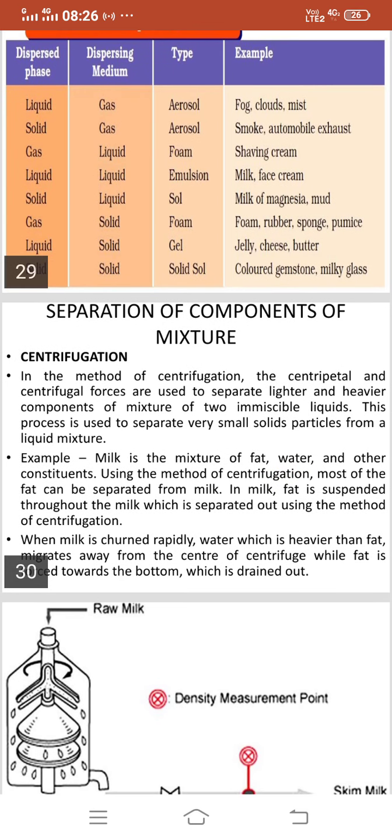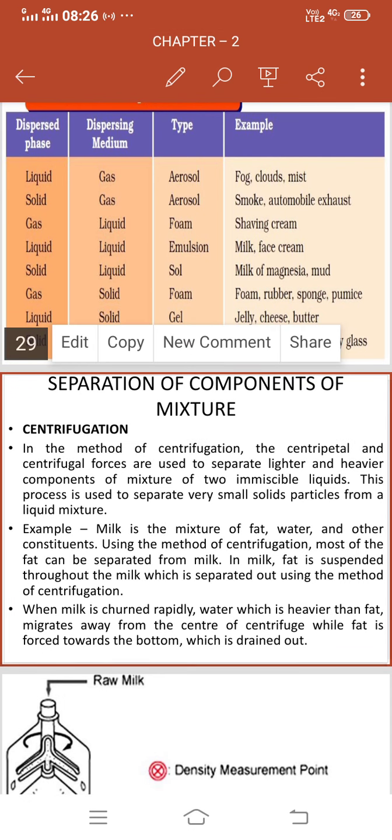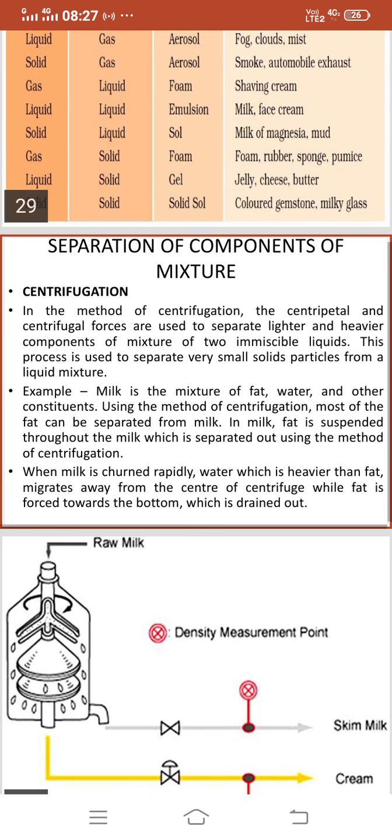When milk is churned rapidly, water, which is heavier than fat, migrates away from the center of the centrifuge, while fat is forced towards the bottom, which is drained out.